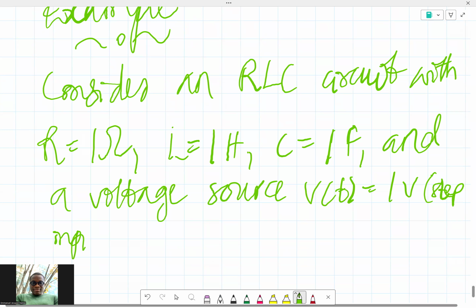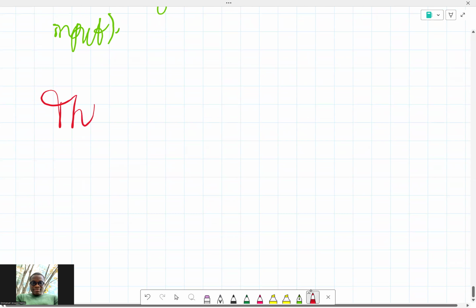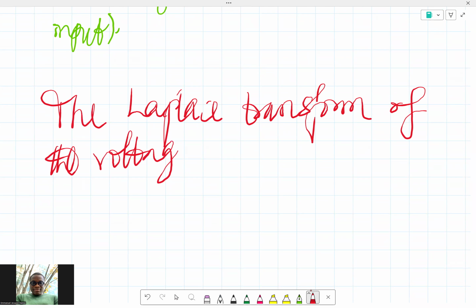The Laplace transform of the voltage is V of S equals 1 over S.